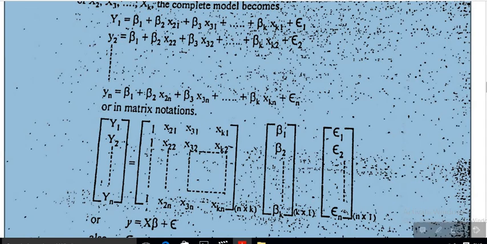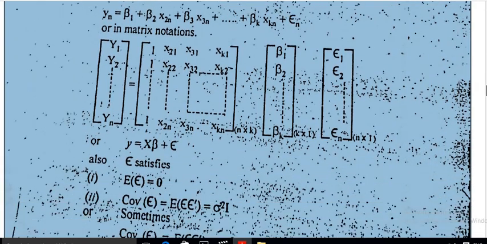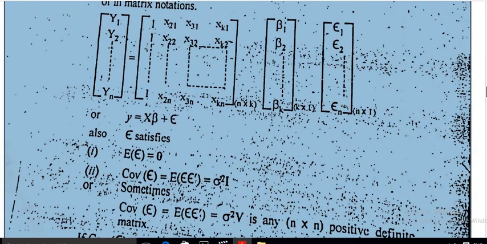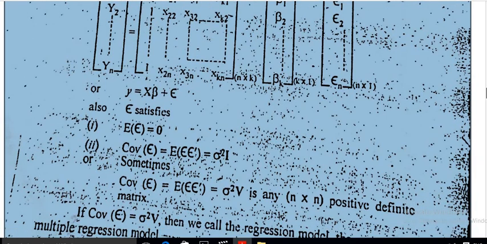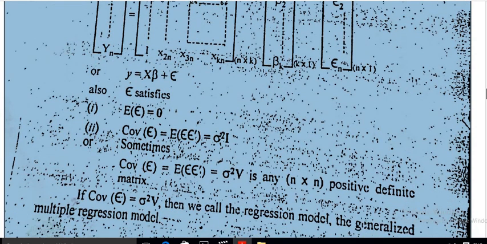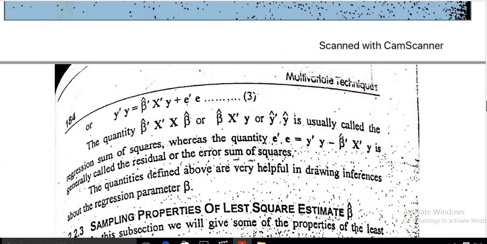Now it can be written as y is equal to x beta plus epsilon. Here the expected value of epsilon is always equal to 0 and the covariance of epsilon is equal to sigma square into I. Sigma is a variance covariance matrix, and the covariance of the error term is equal to sigma square V. This can be solved by using beta hat.